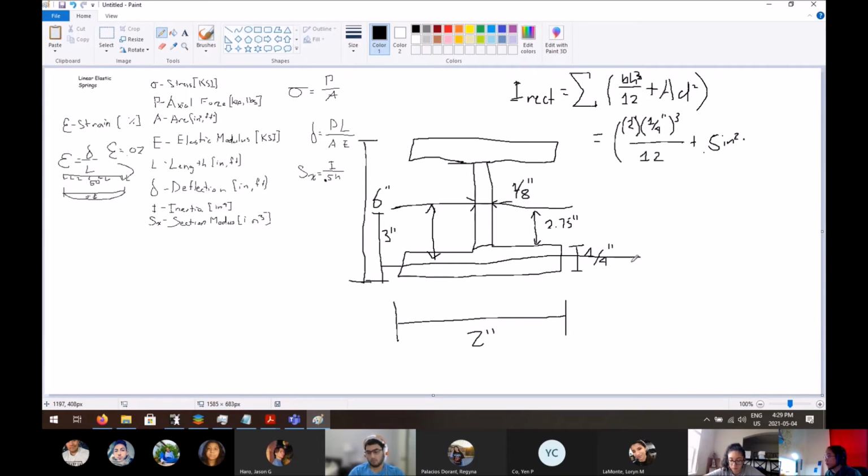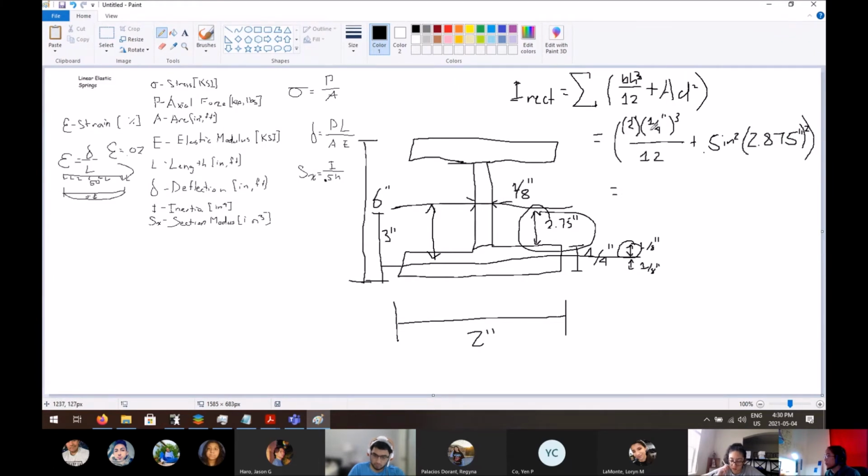So each distance right here, there's a distance right here, and there's a distance right here, and each of these is 1/8 of an inch. So you take this distance right here plus that one, and then you would get 2.875 inches. And you also square that, because formula.